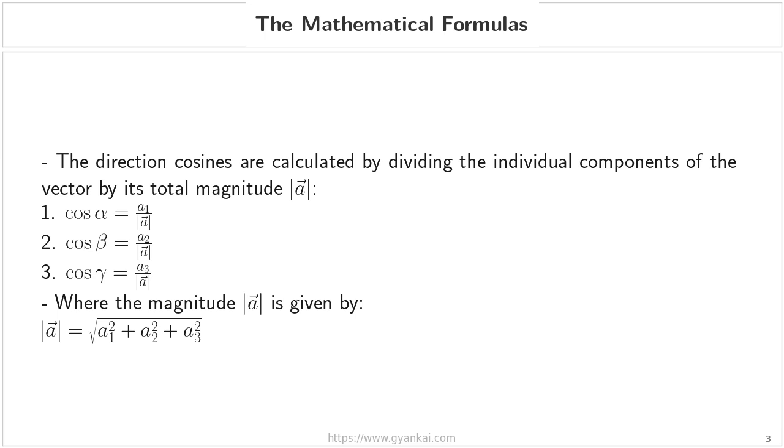Now that we have defined what those angles alpha, beta, and gamma actually represent, let's look at the mathematical formulas used to calculate them. Once you have this magnitude, finding those cosines becomes a simple matter of division. This calculation is crucial because, as we will see in the next slide, these values actually represent the projections of our vector onto the coordinate axes.